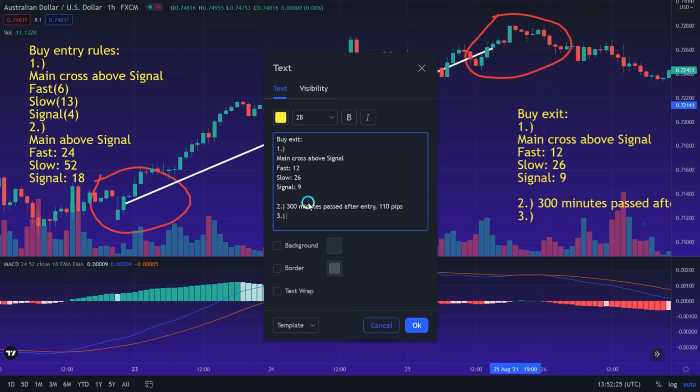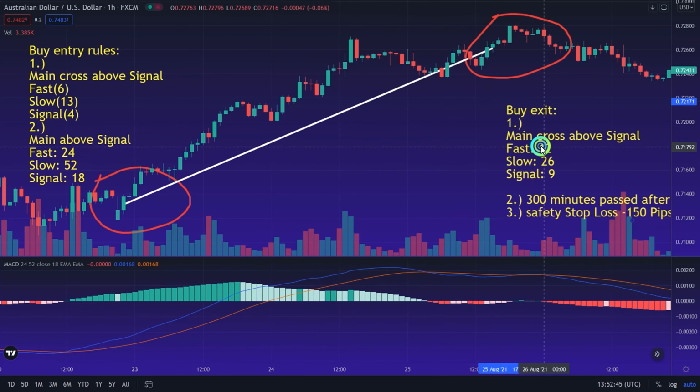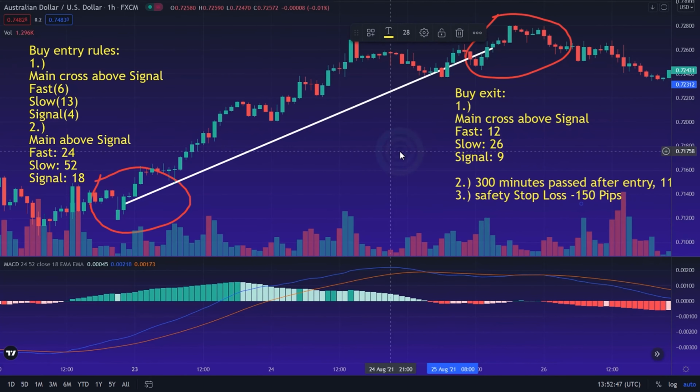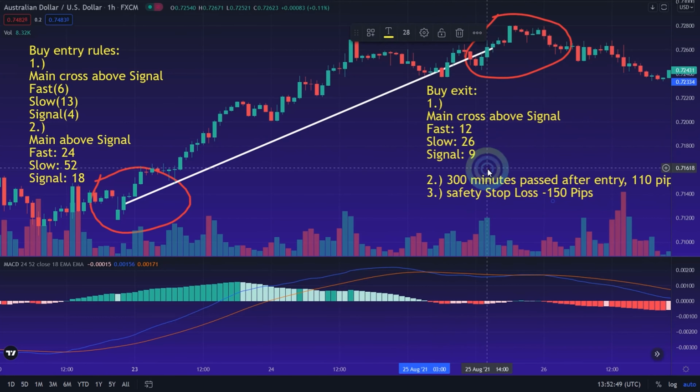So our third condition is basically a safety stop loss. It is in every one of my strategies, because if you don't have a safety stop loss, then you will fail in trading, and you don't want that, because there can be a crisis, a crash, anything can happen, and it is not a good thing if you don't prepare for the worst.